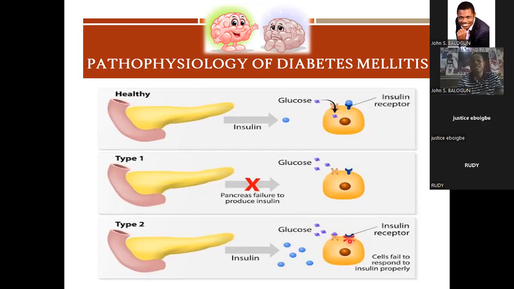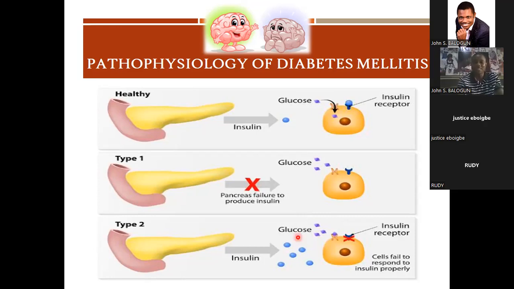Meaning that the cells are resistant to insulin. So even though there is so much glucose around the door that wants to enter the cells, there is no key. There is no key to open the door. So there is accumulation of glucose in the blood. You can see type 1 and type 2 occur through two different mechanisms.